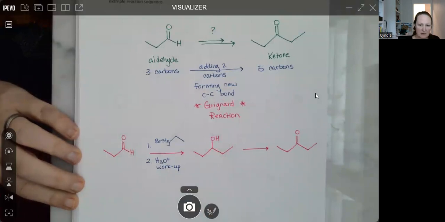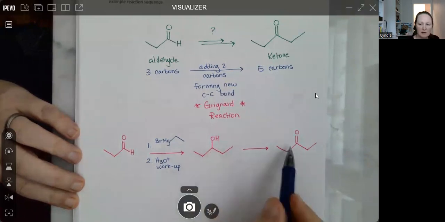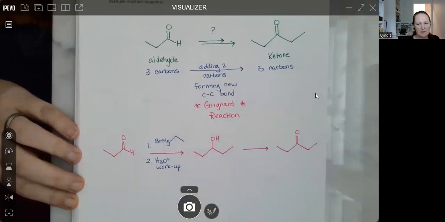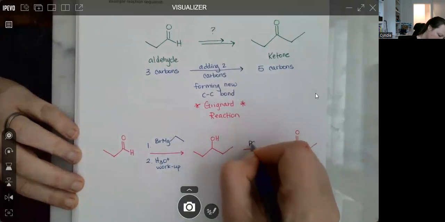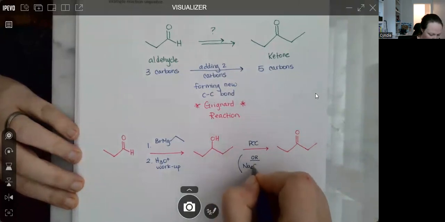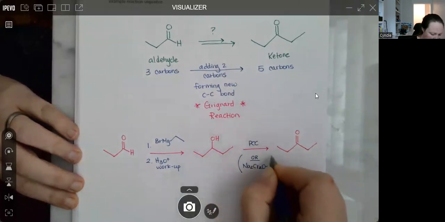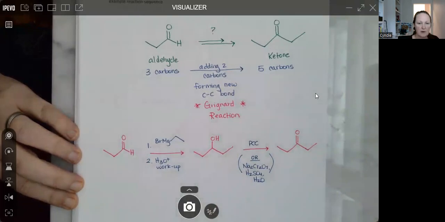And then we can do an oxidation. From a secondary alcohol to a ketone, we can oxidize with PCC or with sodium dichromate. So we could do PCC, and then in parentheses we'll write, or we also could have done sodium dichromate under acidic conditions. That would also do the oxidation that we want.